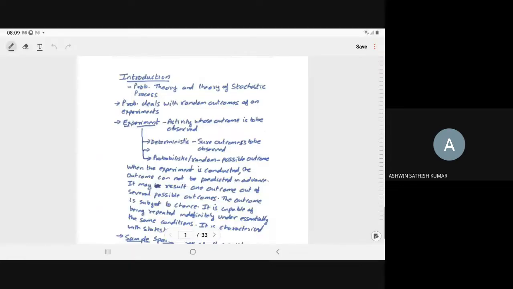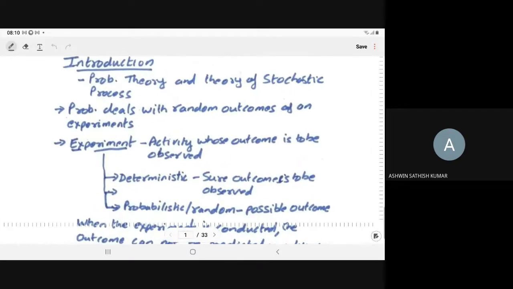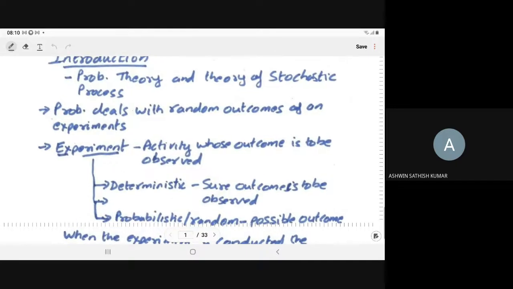So now let us start with the first thing. In the first four or five lectures, we will revise the basic probability theory. I believe all of you know these things, but I will brush up on them so that you can use them in the coming chapters.